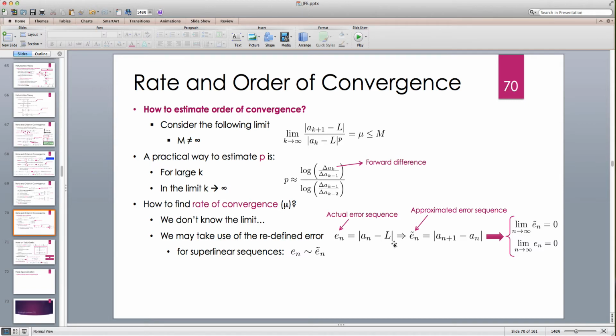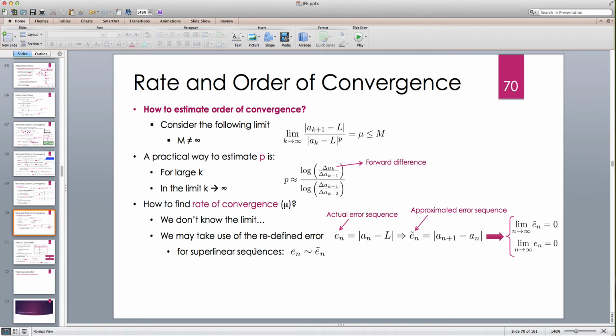But if we don't know it, we can define a new sequence, e tilde, which is a_{n+1} minus a_n. This is basically delta a_n, the forward difference. And we already know that if the original sequence goes to L, which means the original error sequence e_n goes to 0, this approximate error also goes to 0.